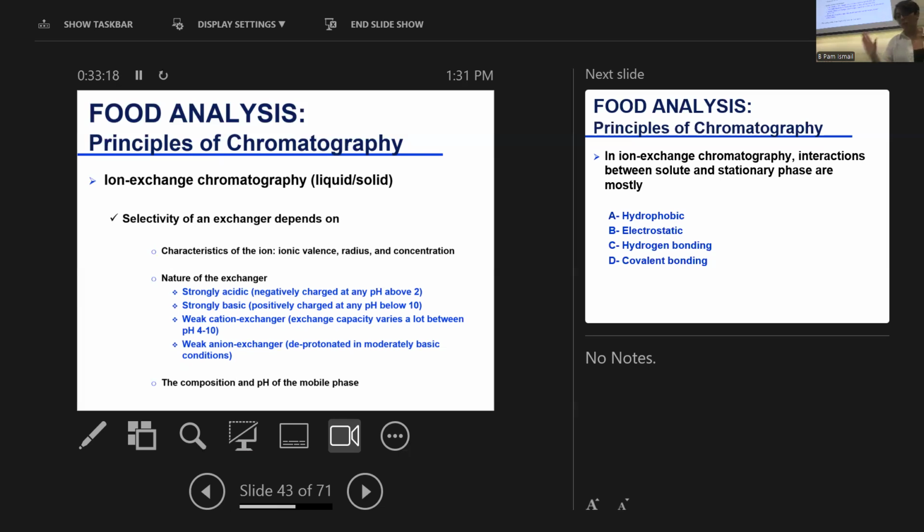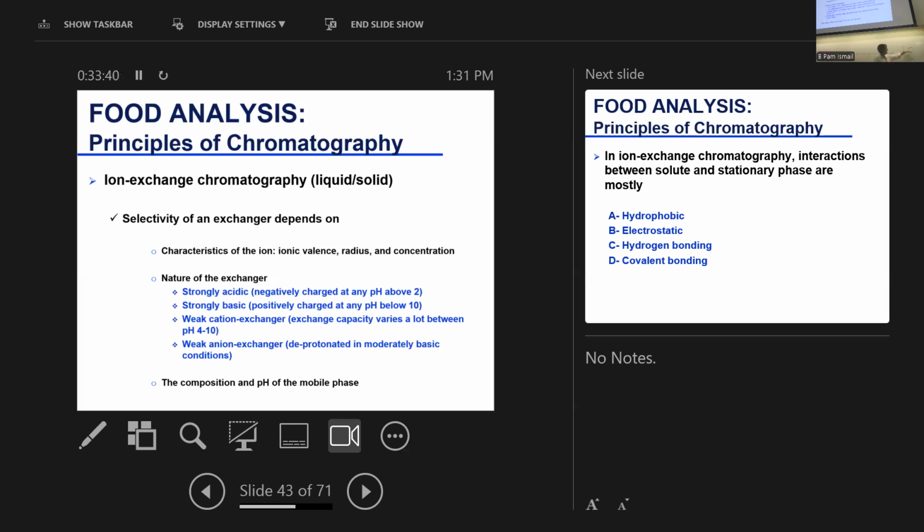Okay, so let's say you have a molecule that carries 3 positive charges, a molecule that carries 2 positive charges, and a molecule that carries 1 positive charge. So this one has higher charge density, more charges.